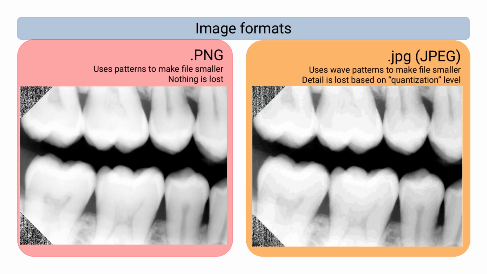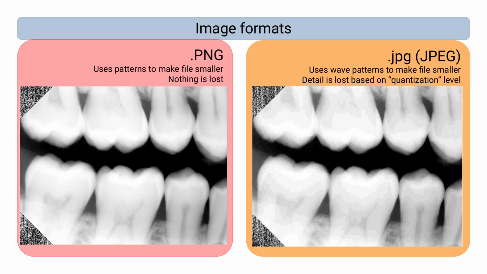Now, as for storing these radiographs onto your computer, there are plenty of different formats out there. But just to very generally describe two different approaches to storing the images, the first common way is lossless compression-based image storage. Now, what is compression?